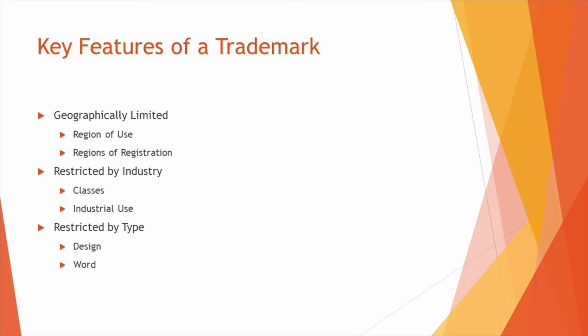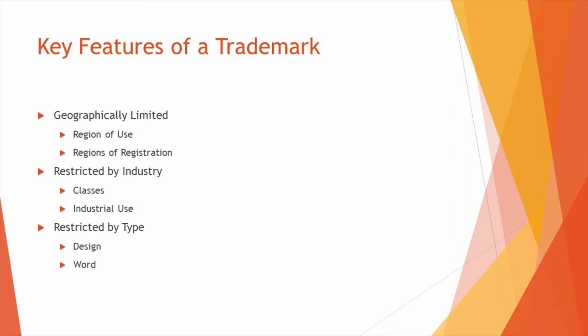Similarly, the trademark will be restricted by industry. Now, the way this is generally done across jurisdictions is that trademarks and the registry of trademarks will be divided into a series of classes. And these classes are collections of industries and uses that are associated with one another.